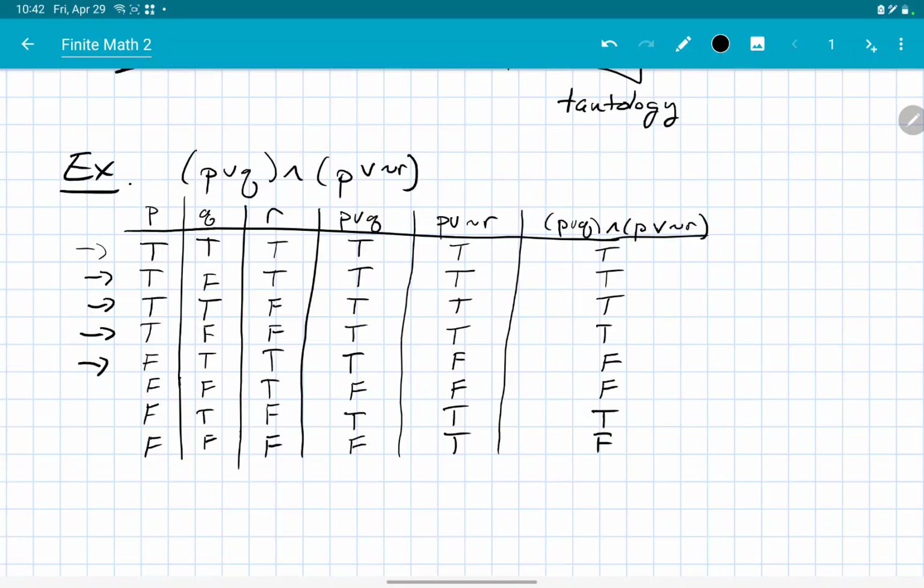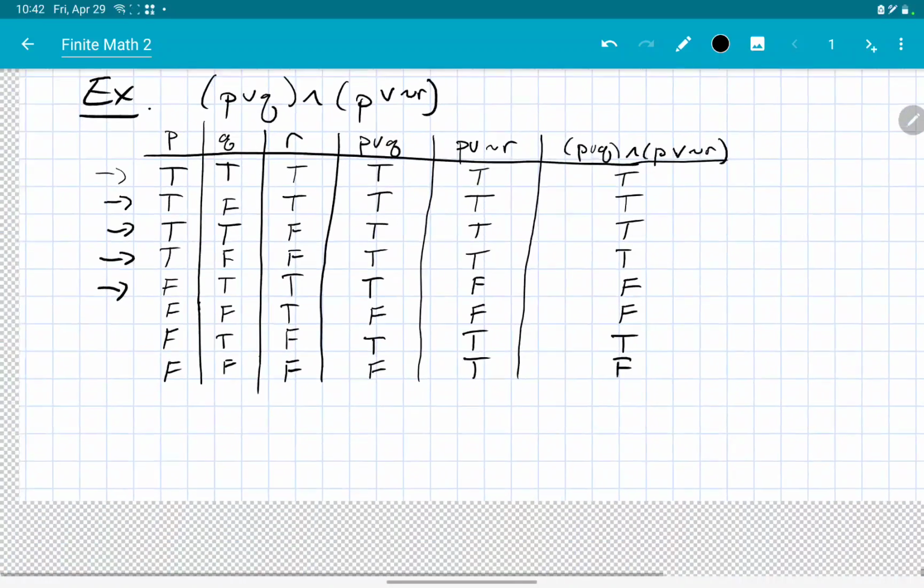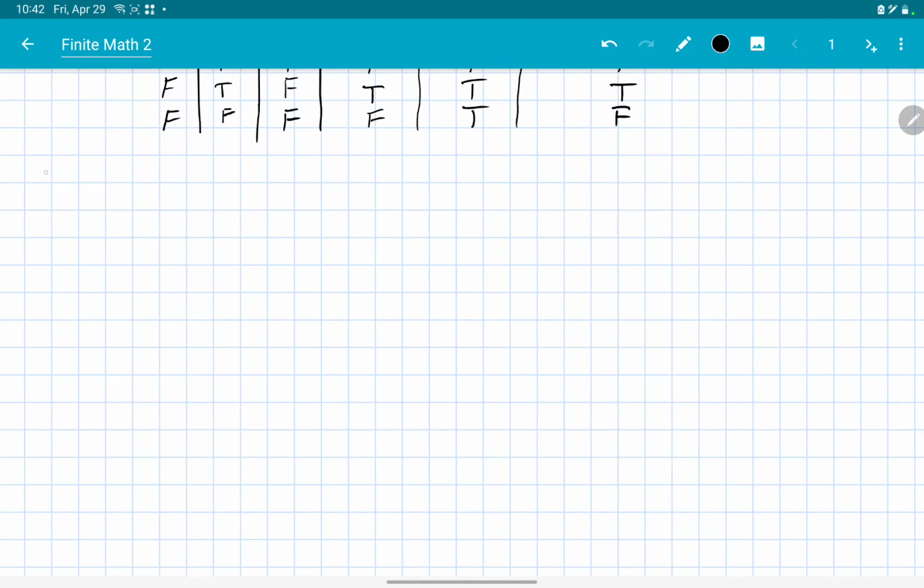Okay, let's look at a few more of these. Some important ones I want to look at here. P or Q and not P and Q. Okay, this compound statement of P or Q and not P and Q. Now, while we're drawing this table, think about what this means in English for a second before we fill in the table.